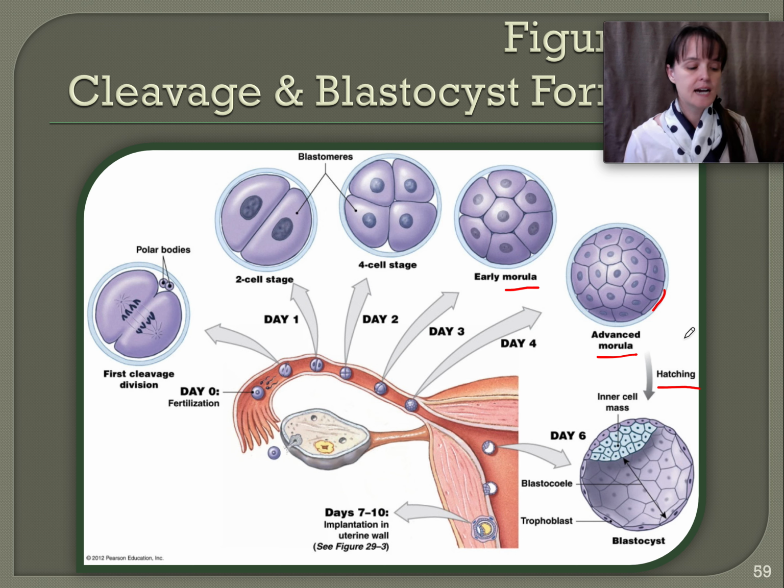An ectopic pregnancy is implantation outside of the uterus. The standard place for implantation will be here, usually higher up towards the back in the uterine wall. But sometimes it will implant in the uterine tubes, and that is not consistent with life.